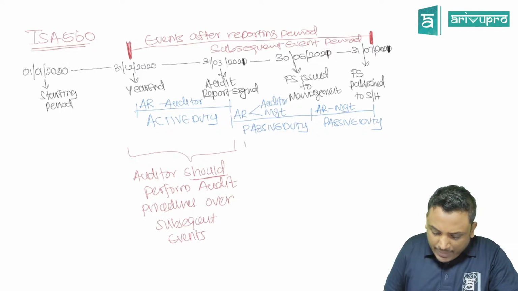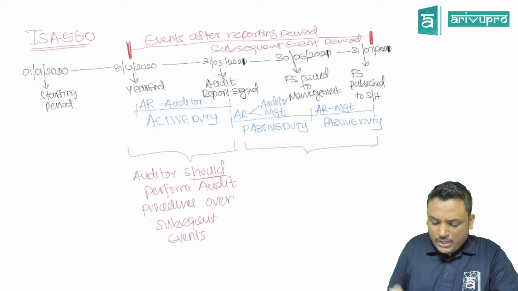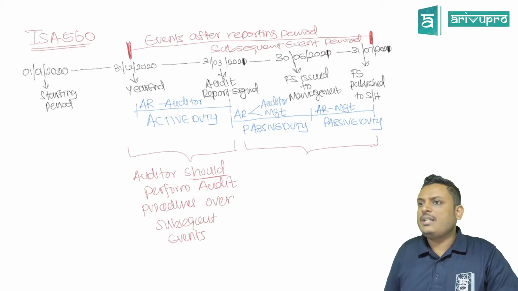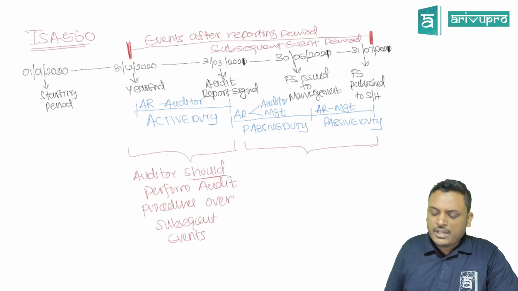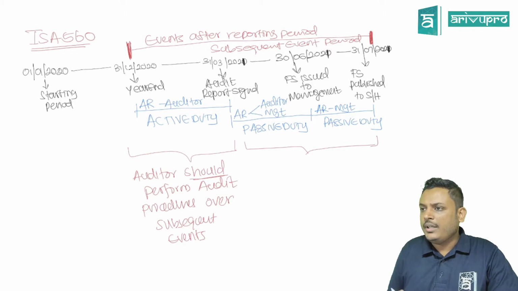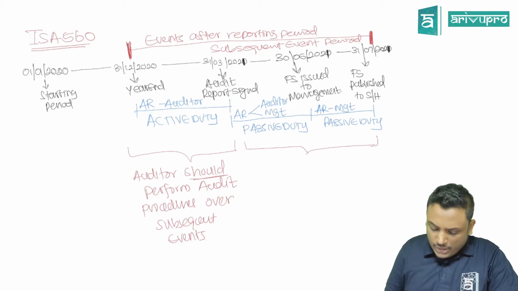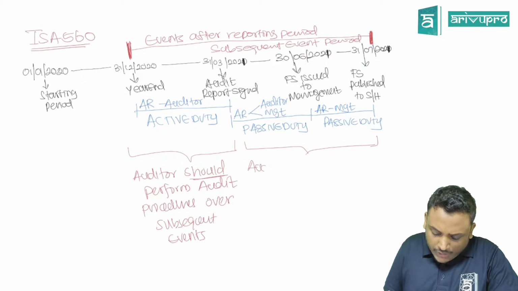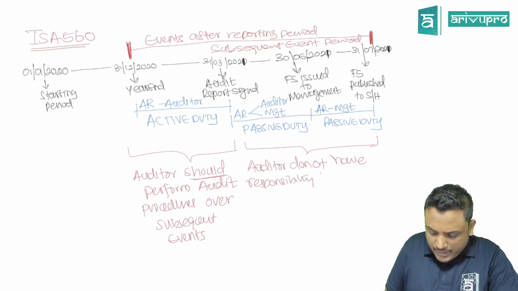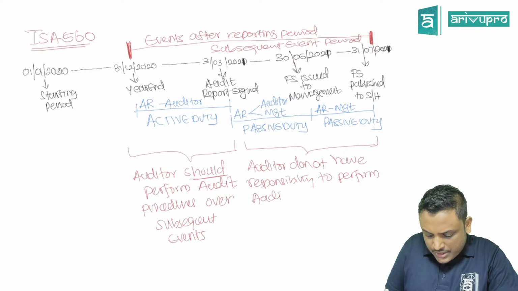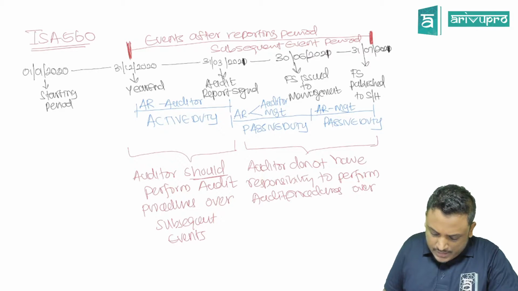But when it comes to the passive duty period, it can be the period between audit report signed and financial statement issued, or financial statement issued to management to publish to shareholder. Both are passive duty only. During this period, auditor does not have responsibility to perform audit procedures over subsequent events.